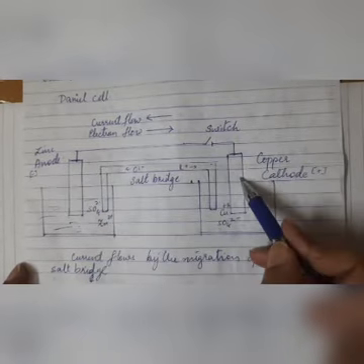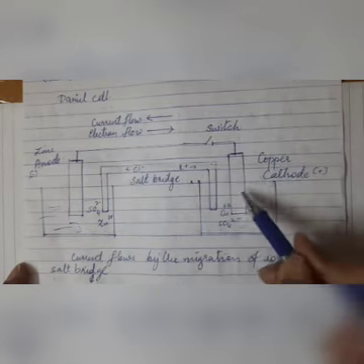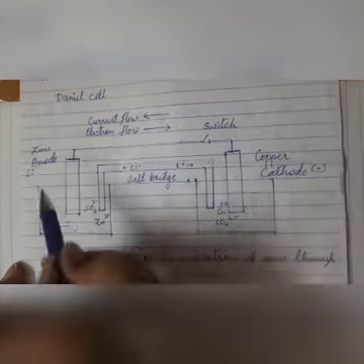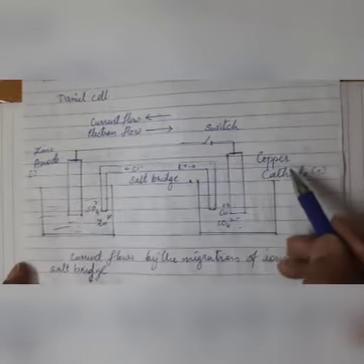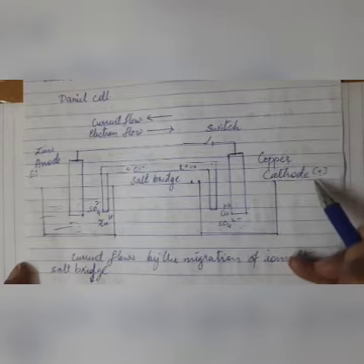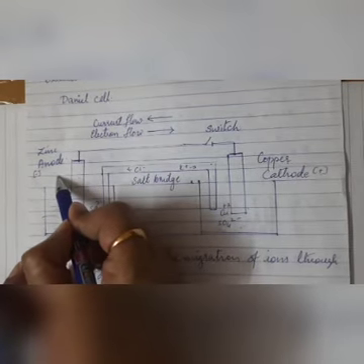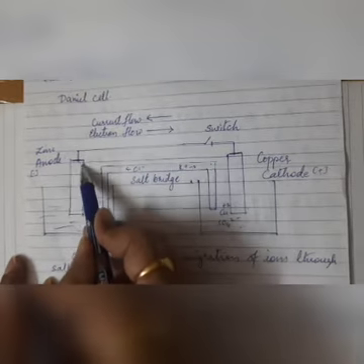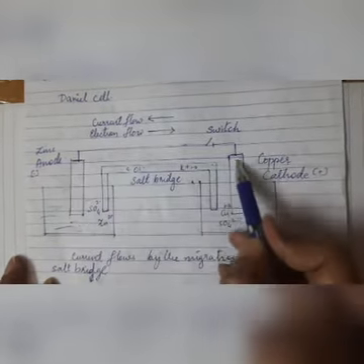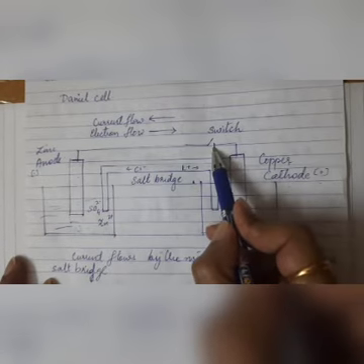Similarly, we take a copper rod in the copper sulfate solution. This is connected to the positive terminal, this is connected to the negative terminal. Here we call it the copper cathode, and here the zinc anode. Details you will study in PUC 2nd year. There is a connection between the two by means of a wire and a switch.